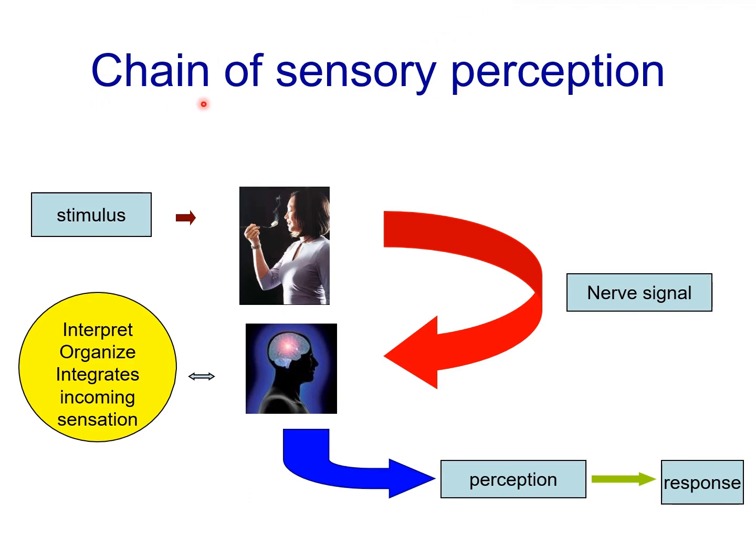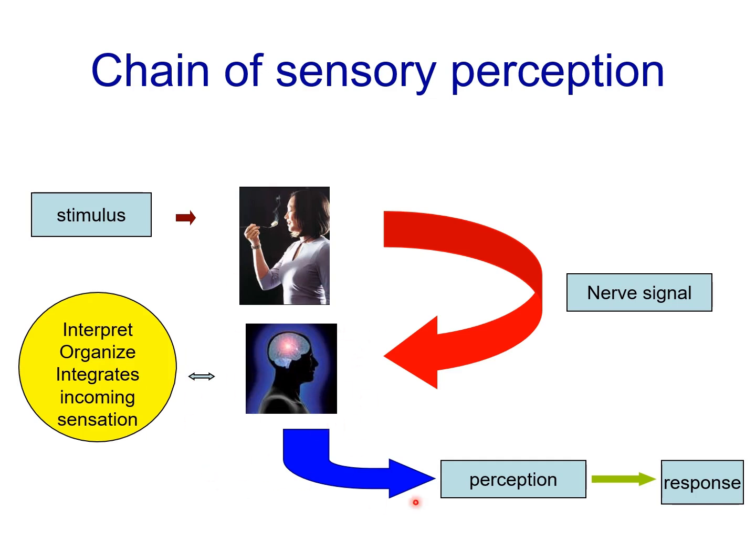Now let's look at the chain of sensory perception. When a stimulus or food enters your mouth, just by seeing, hearing, and tasting the stimulus, you get a nerve signal to your brain. The brain interprets, organizes, and integrates the incoming sensation.